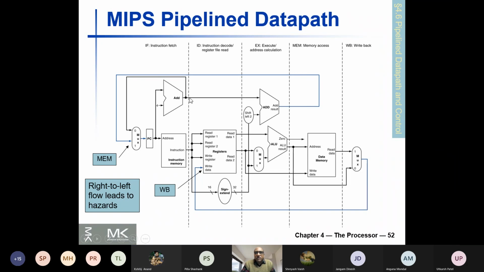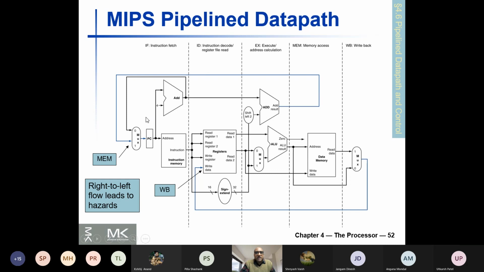If you look at the dotted vertical lines here, those are the boundaries between the stages. If you employ a register here, that register holds the information generated in the previous stage and makes it available for the next stage with respect to the clock.